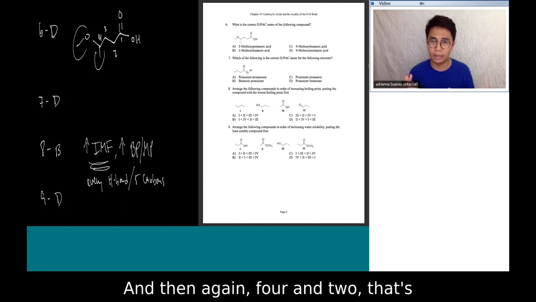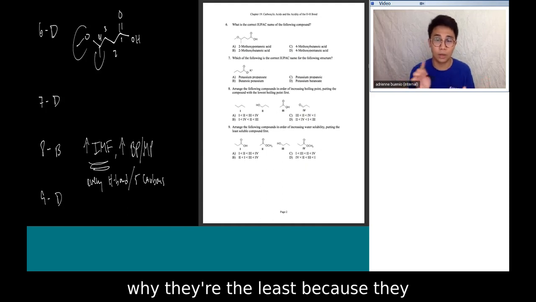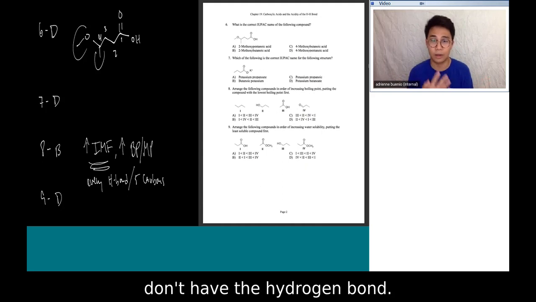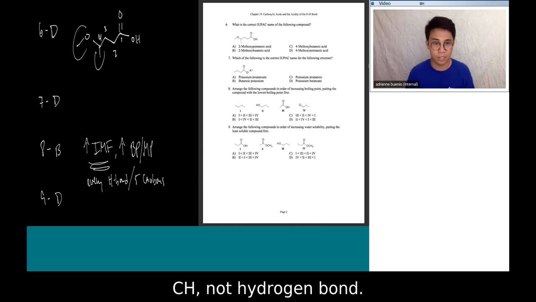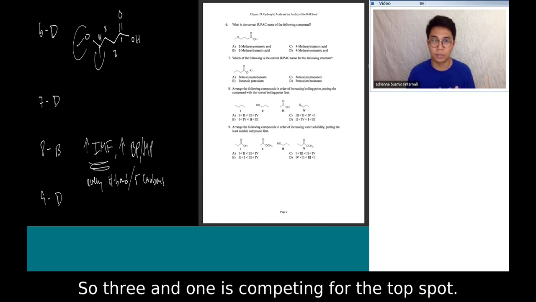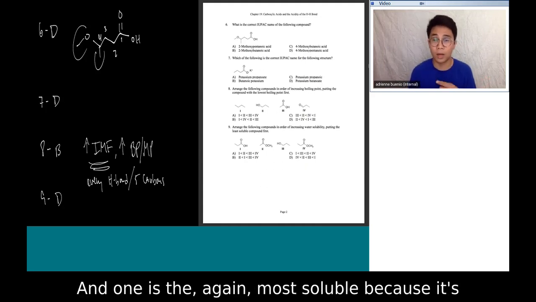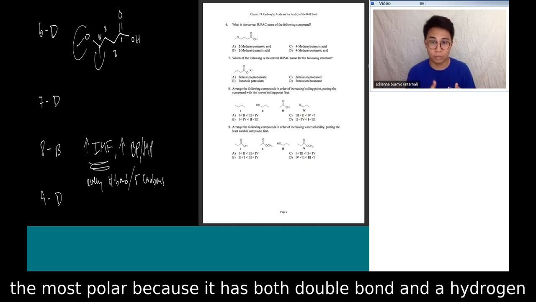And then again, four and two are the least soluble because they don't have the hydrogen bond. CH is not a hydrogen bond. So three and one are competing for the top spot, and one is the most soluble because it's the most polar, since it has both a double bond and the hydrogen bond.